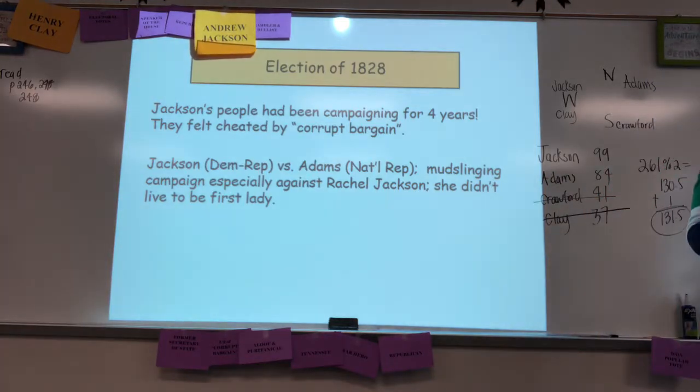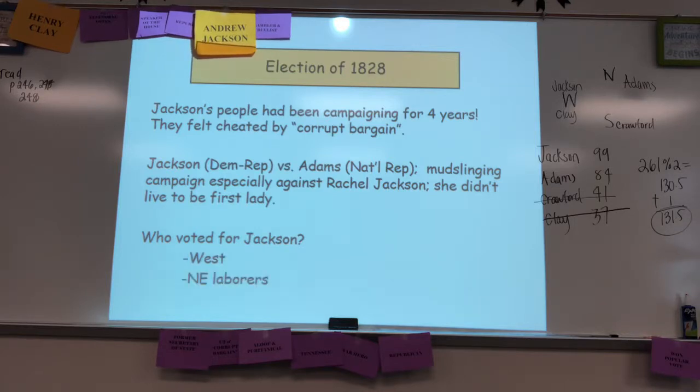So what does this tell us? Jackson, is he violent? Yeah, it's one of the characteristics we'll get to. And so we're going to see, amidst all this, what areas do you think are going to vote for Jackson? West and South, and also in New England, the workers. They're going to vote for him.